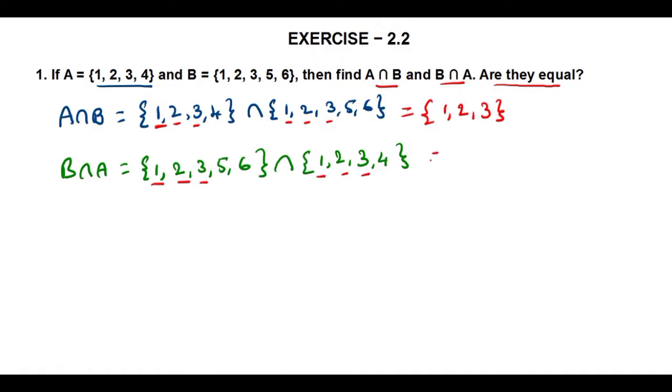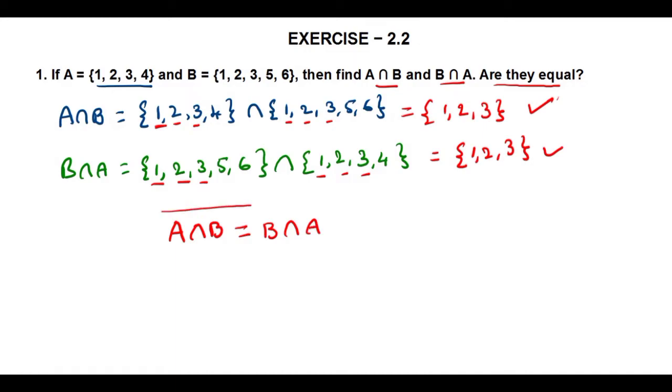That means your answer is 1, 2, 3. Okay, so what do you notice from this? Both are equal now. That means what we conclude here: A intersection B is equal to B intersection A.